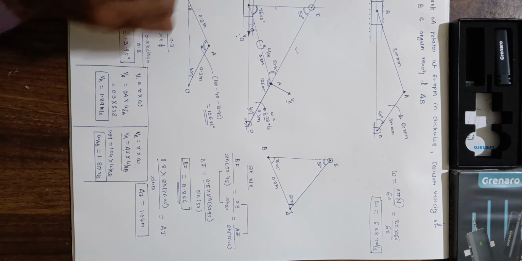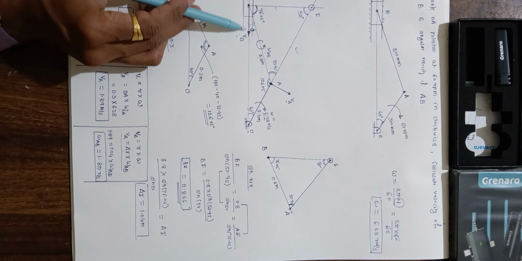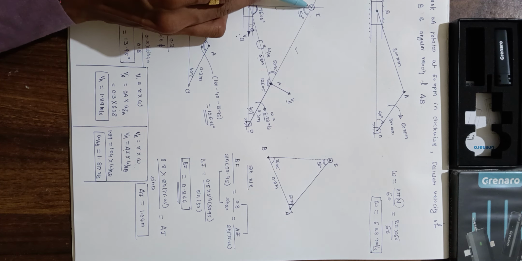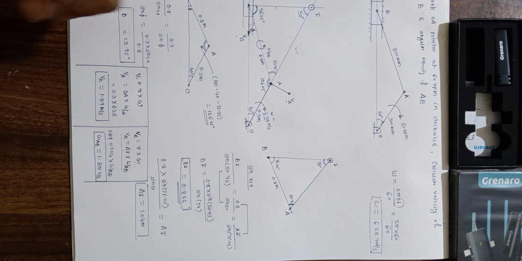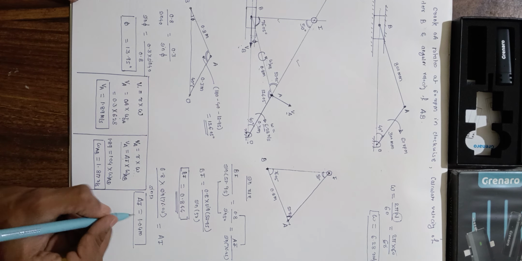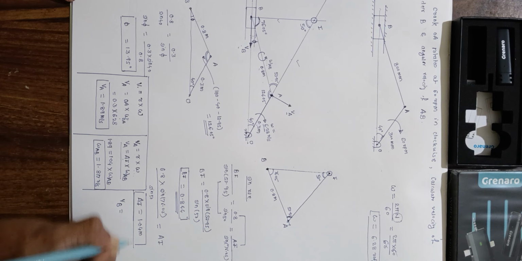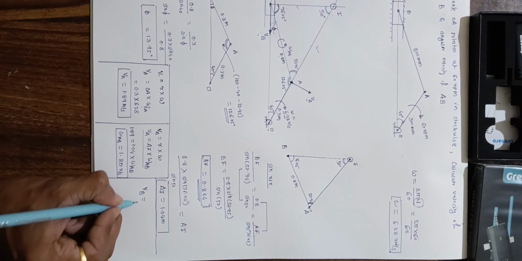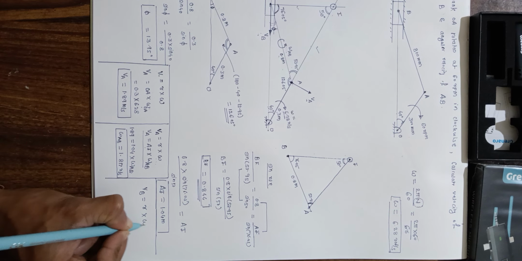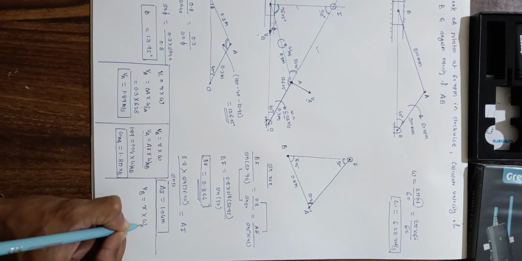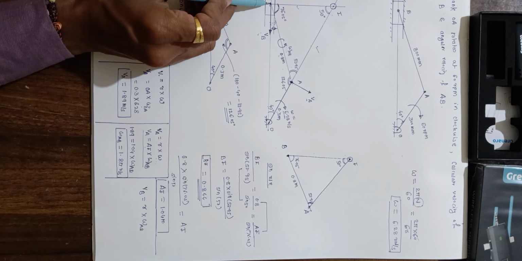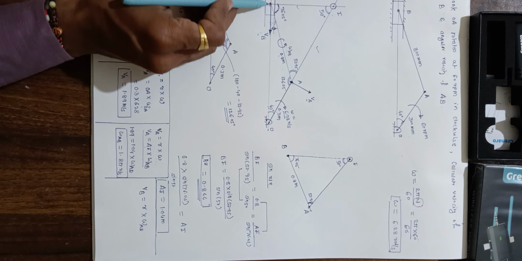And last, consider this slider motion that has a velocity VB and the center of rotation is point I. So for this slider we can write VB, this is the velocity of the point B, R into omega. Now here omega is just omega AB because slider B is a part of this connecting rod only.